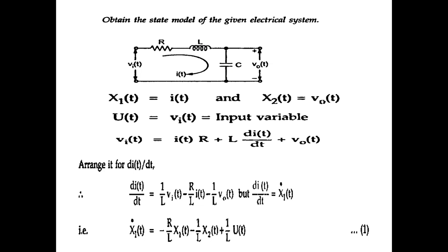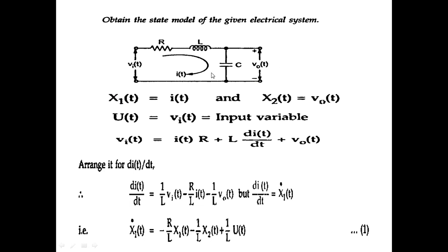And the number of state variables is equal to the number of energy storing elements present in the given electrical network. So there must be 2 variables here. For the inductor, the current flowing through it we can take as a variable, and the voltage across the capacitor we can take as a variable. So the state variables we represent as x1 and x2.